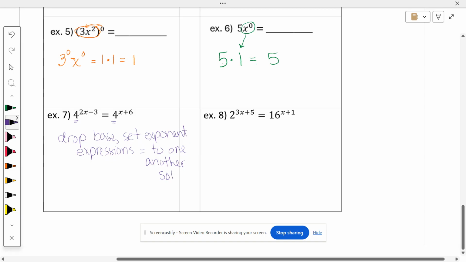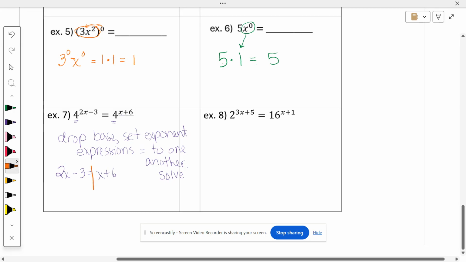And then you just solve. So the bases are the same. So I really have the exponent expression 2x minus 3 equal to x plus 6.